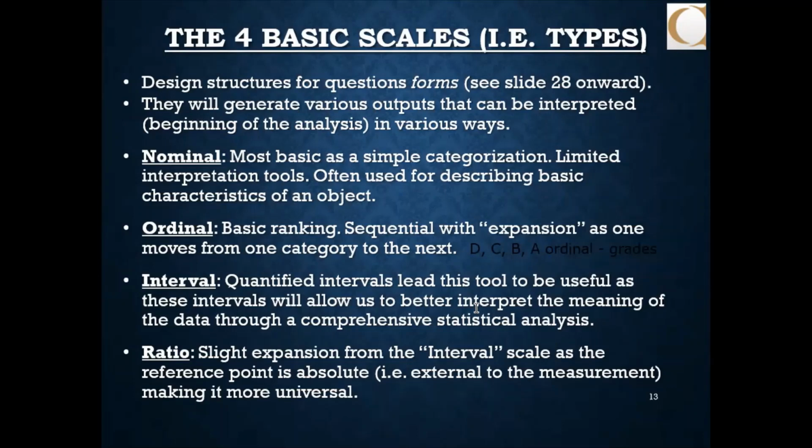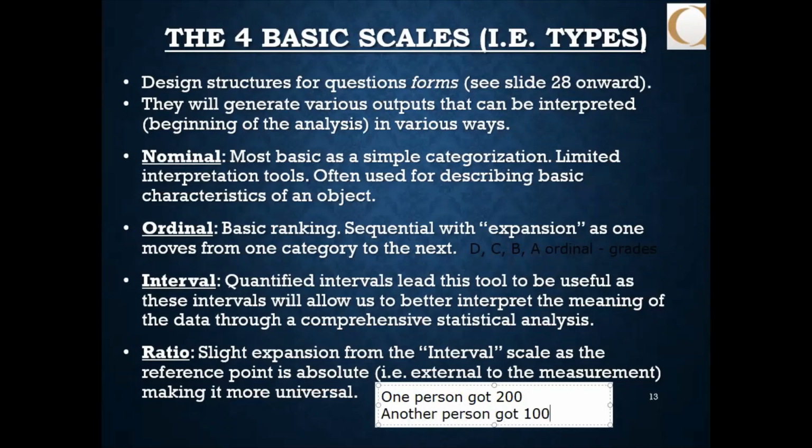And then ratio, you can find differences between data. It's mostly a division: you divide two scores and then you can compare them. Let's say one person got 200, another person got 100, 200 divided by 100 equals 2. One person got 2 times more than the other person. So you can do that.